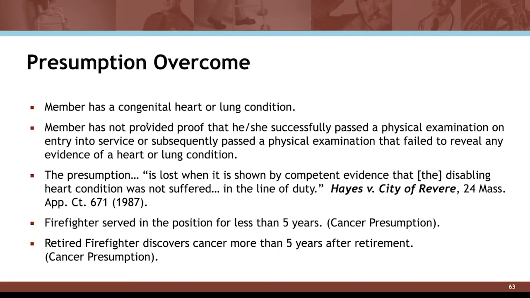Okay, so the statute allows 5 years after retirement, but if you're beyond that 5 years, you're not eligible for the cancer presumption. Now, please note, this statute does not say diagnosed with cancer. It says discovered cancer. Okay, so that can potentially get that retired firefighter within the 5-year period.